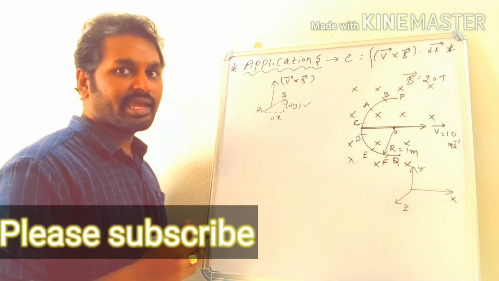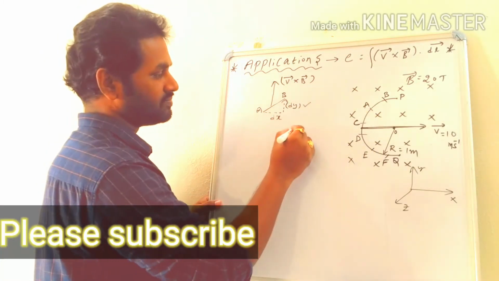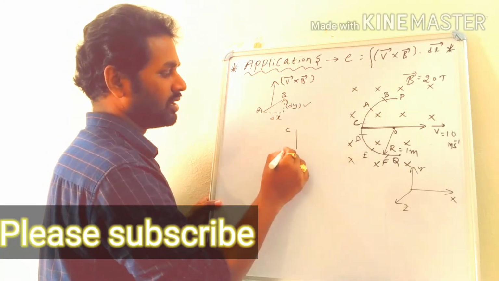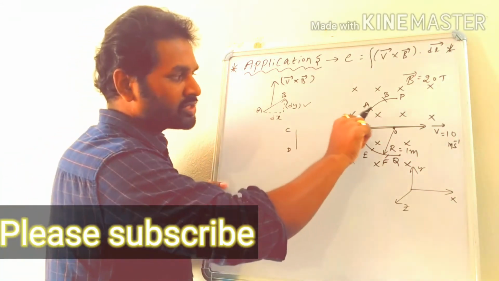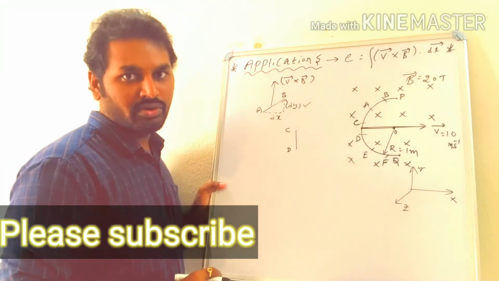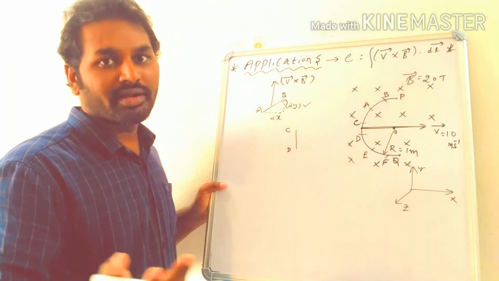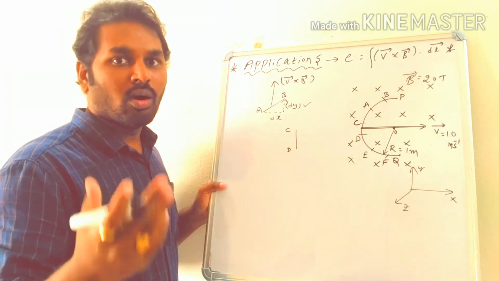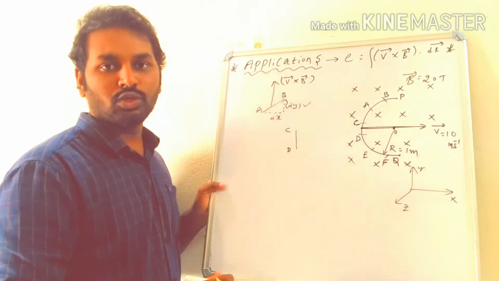Now let us take the second element, which is named CD. You can see this part: this is C and this is D, which is very much nearer to the center part of the semicircular conductor. It itself is a straight conductor and is also acting along the positive y-axis.